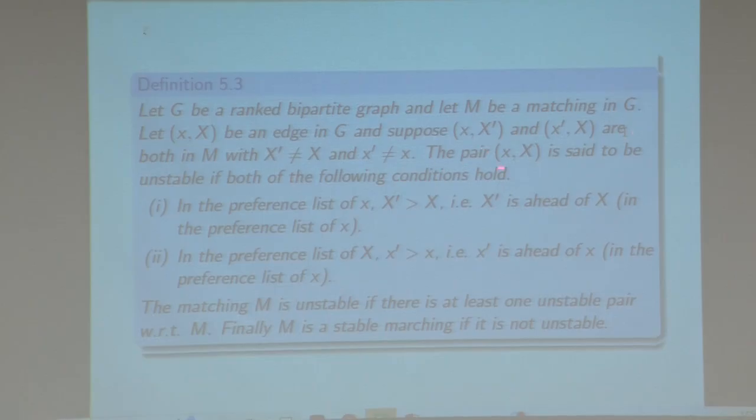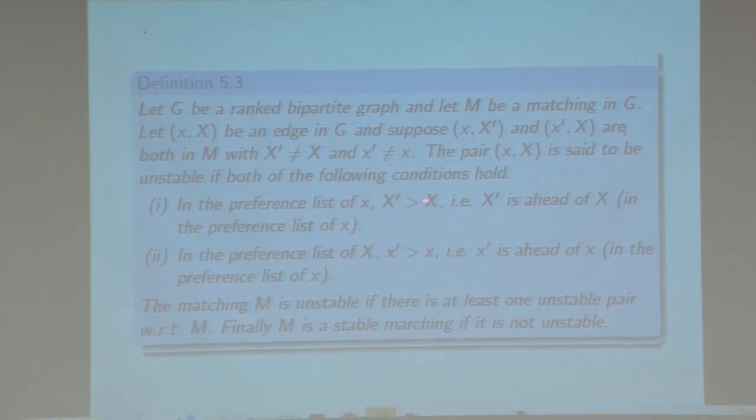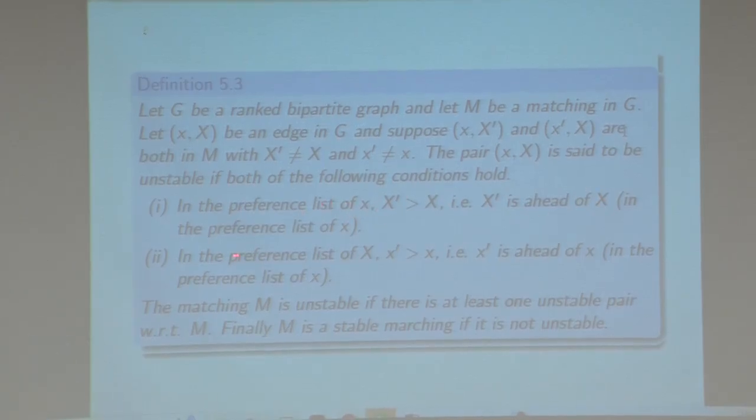You call a pair of boy and girl unstable if in the preference list of small x, x prime is ahead of x, and in the preference list of x prime, x is ahead of the current partner.